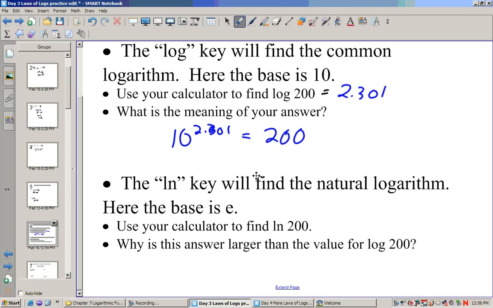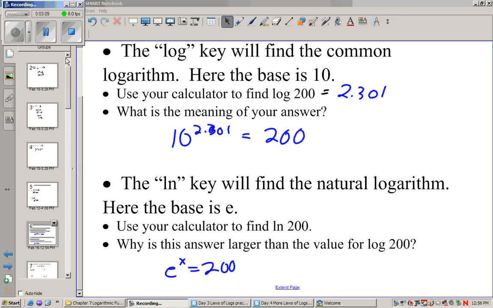Our next one is natural log, which is ln, which seems dyslexic to most people. But that's the base of e. So we'll take e to which power is 200. Now, the natural log of 200, if you type this in your calculator, will give us the answer of 5.298317167, and so on.